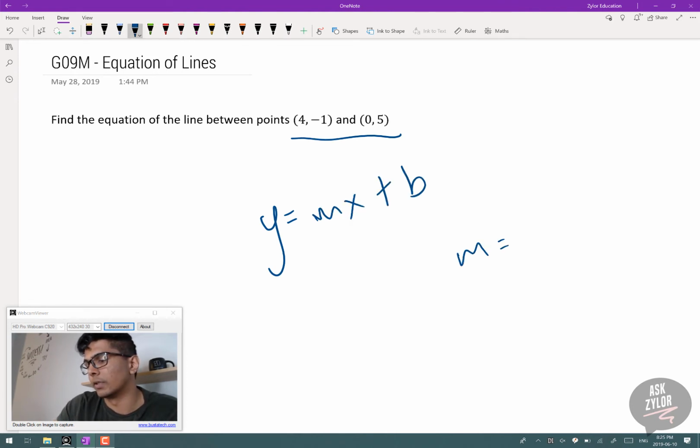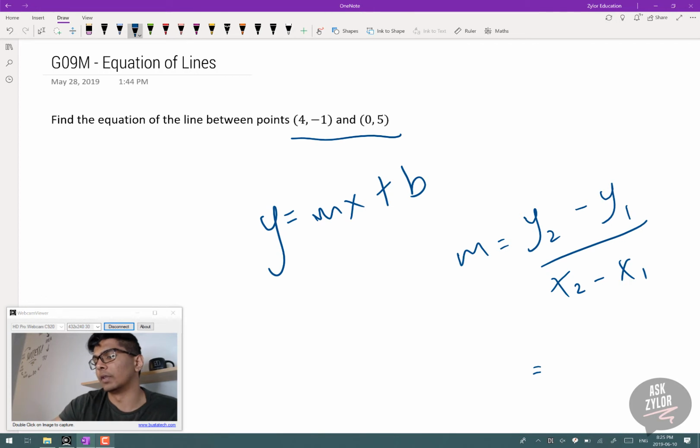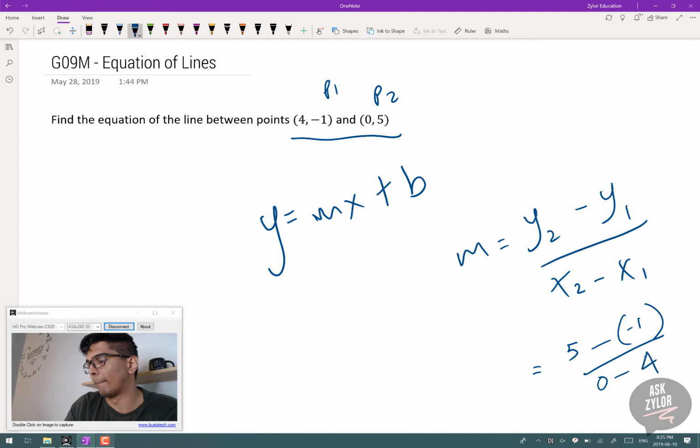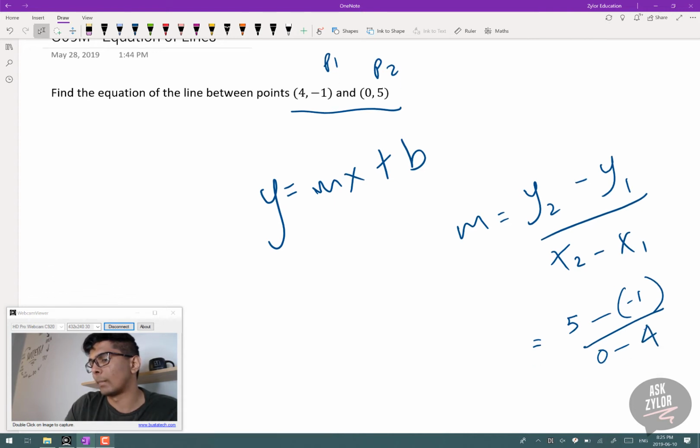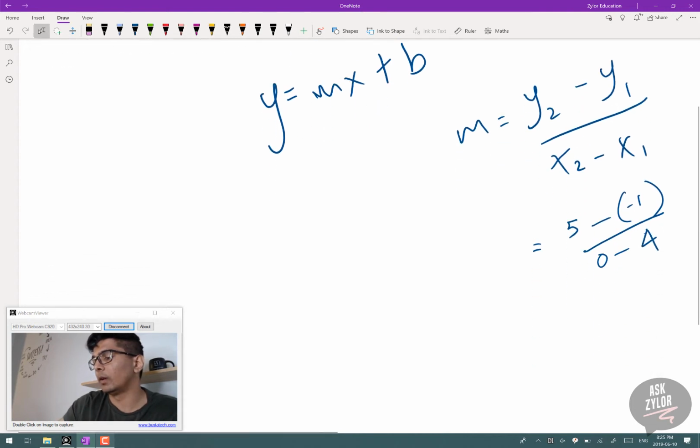So the equation for the slope is y2 minus y1 over x2 minus x1. Right. So if I say this is point 2, point 1, my y value is 5, minus my first point is -1, over 0 minus 4. Okay.